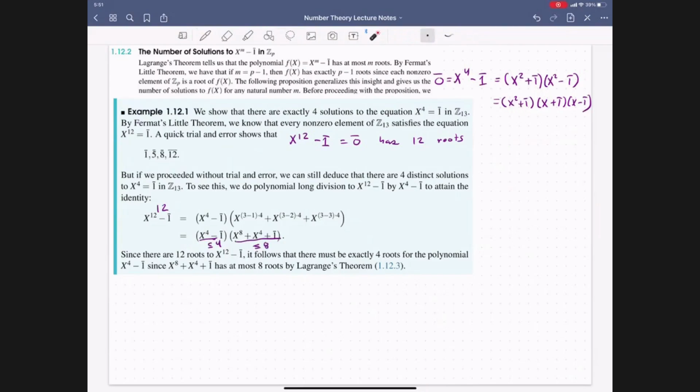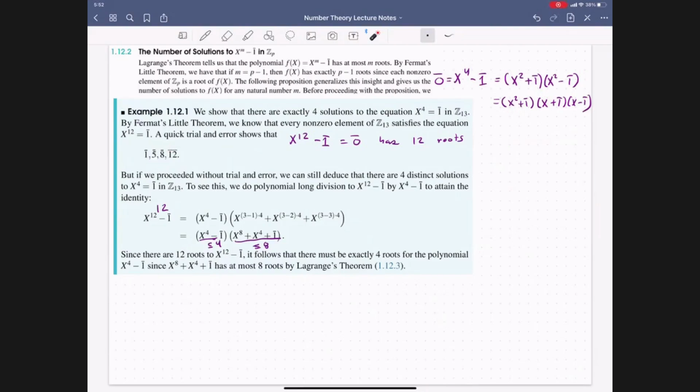But because we have exactly 12 roots, that means that this has to have exactly 4 roots, and this has to have exactly 8 roots. And so we deduce from this that x squared plus 1 bar actually does have 2 roots here. And so we now can conclude that this has exactly 4 roots, without having to do trial and error.